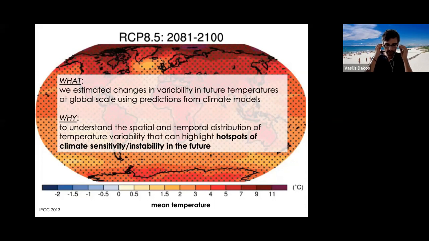So here we're not using the present record anymore, but instead we're using the outcome of the climate projection models that are used to make climate predictions and feed the IPCC reports.